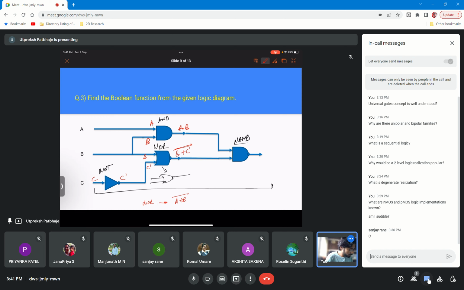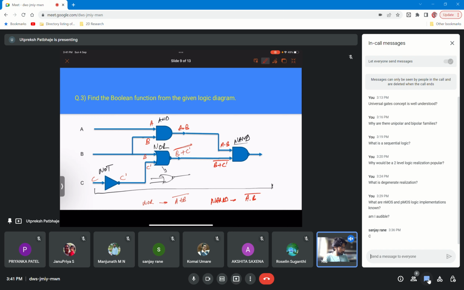Then these will be inputs to the final NAND gate. So this A dot B goes to one input of this NAND gate, and the other is B plus C dash, and this goes into the NAND gate. And for NAND, we know the two input NAND has the output A dot B barred.